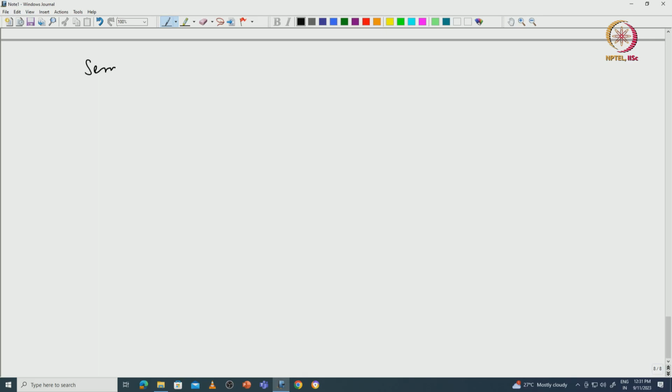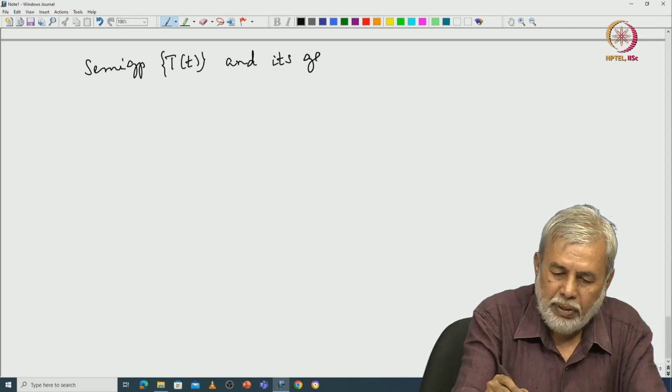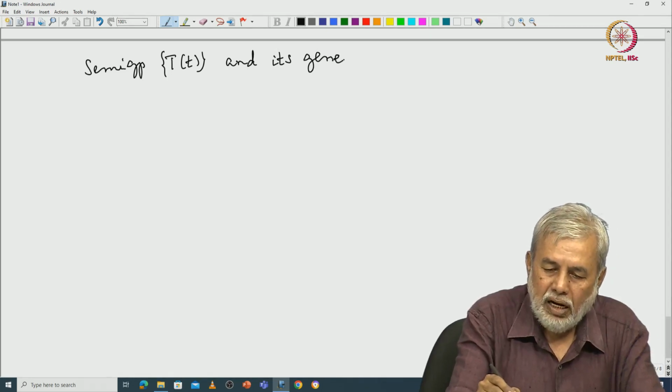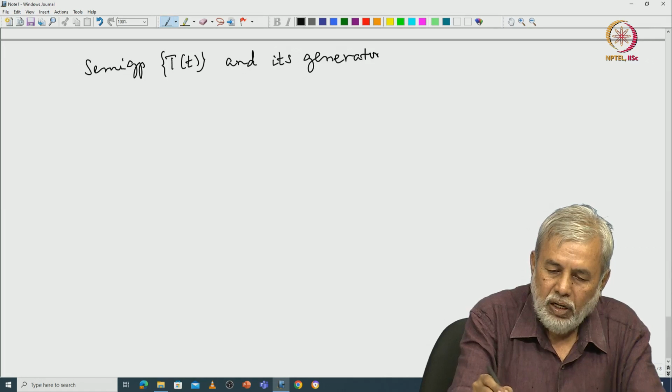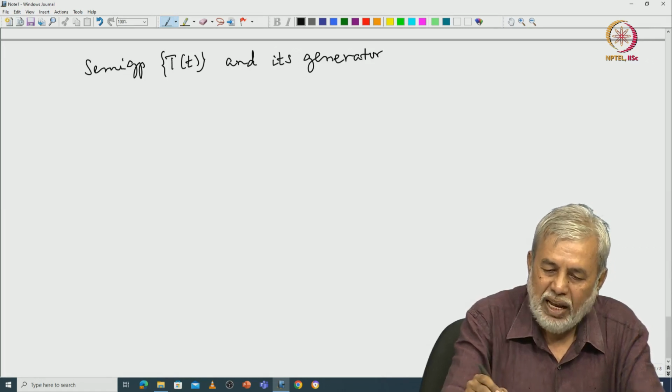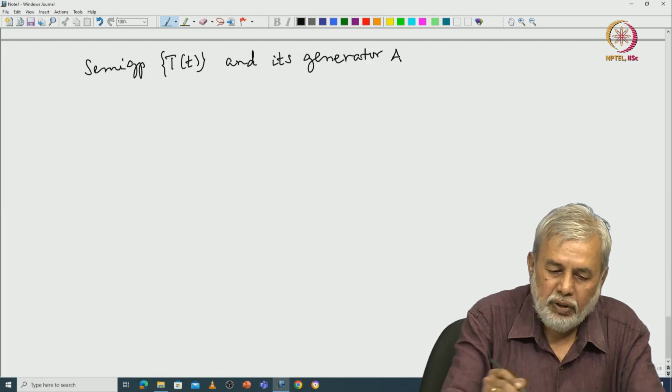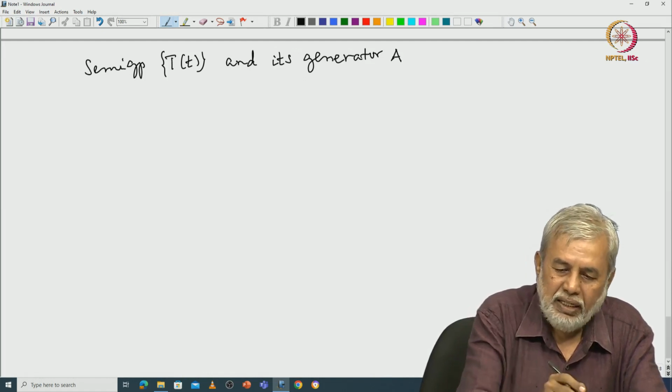So, welcome back. In the previous class, we introduced the notion of a semi group T and its generator A. We obtained some simple properties of T as well as this generator A. So, in particular, let me again repeat that.